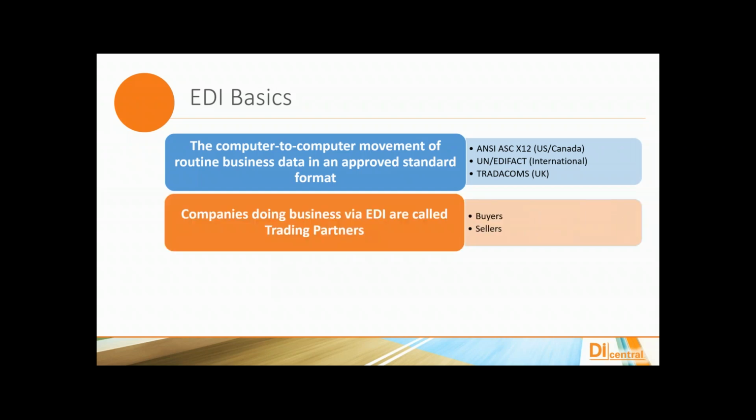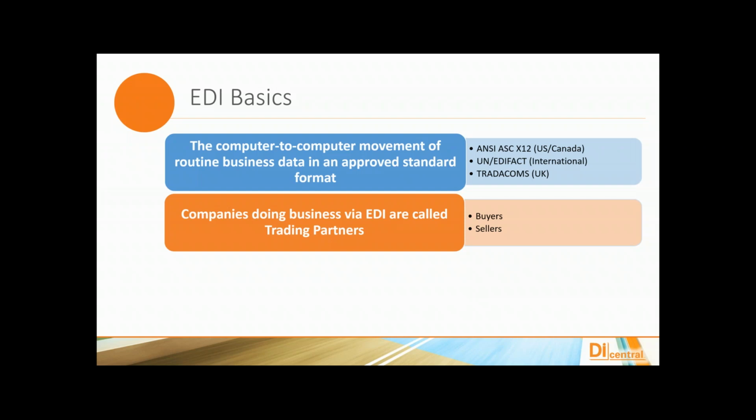For companies doing EDI, how can we describe them? Any company that has joined the EDI community, we call a trading partner. A trading partner is a business able to trade EDI with you. Here we list the two most common cases.